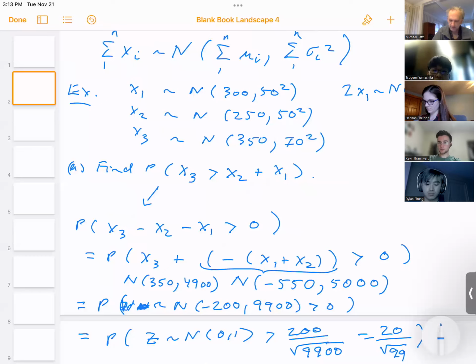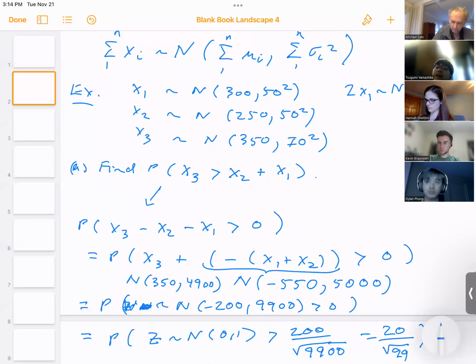Oh, yep. So 600. And the new variance? Oh yes, we are doubling it. Never mind. Thank you. So the variance though, what are we multiplying that by? So it's 2,500, but if I take 2 times the x1, that has a variance of, anybody remember?